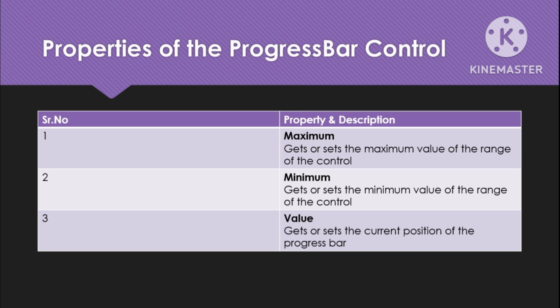We can set it from 0 to 100, and if the progress reaches 100, it means the task has completed. By the progress numbers, we can understand whether the task is completed or not. What is the third property? Value. Value is the current position of the progress. Is it 50% completed? Is it 60% completed? What is the progress of the completion?